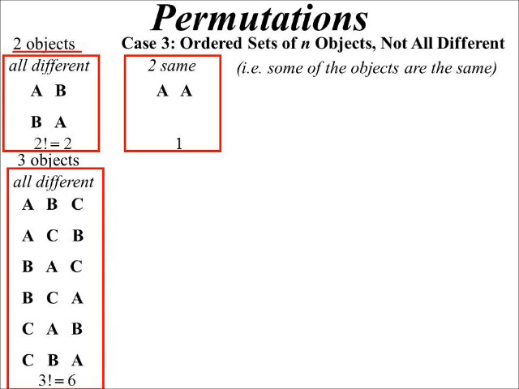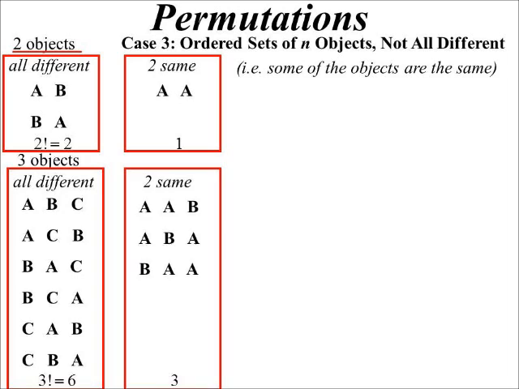Sure enough, 3 factorial, or 6 ways. Now, to get to 2 the same, if it's subtract 1, then we'd be expecting 5 as the answer. If it's divide by 2, we'd expect 3 as the answer.